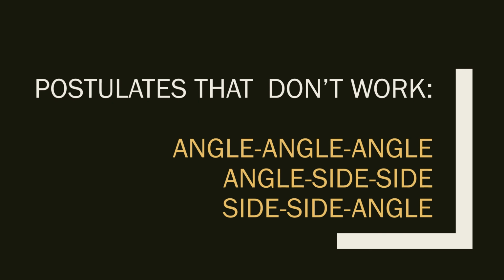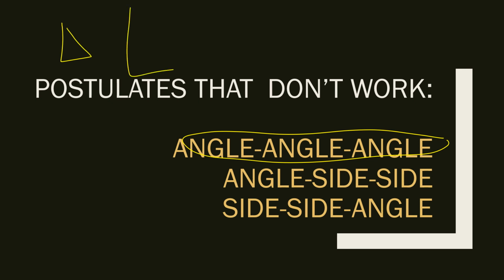Okay, and these are the ones that don't work. Angle, angle, angle will give you so many different options for triangles. It's not even necessarily going to be congruent. This could have the same angle as this, this could have the same angle as this, and this could have the same angle as this, but their side lengths could be different, and that would obviously not make them congruent.